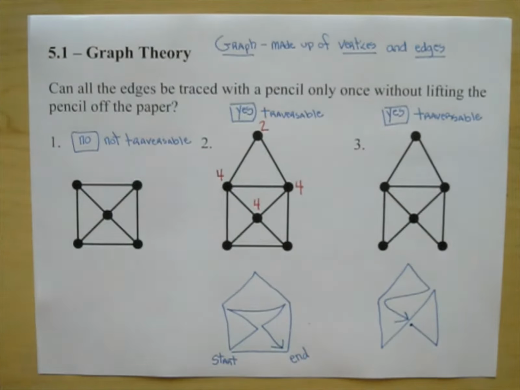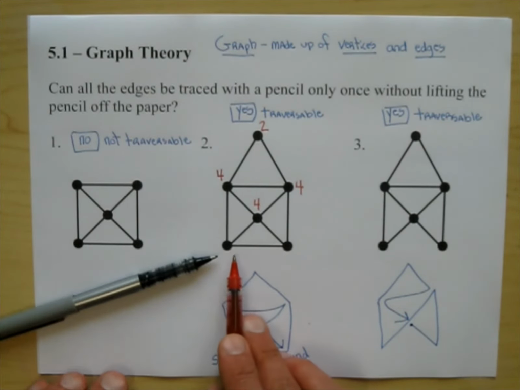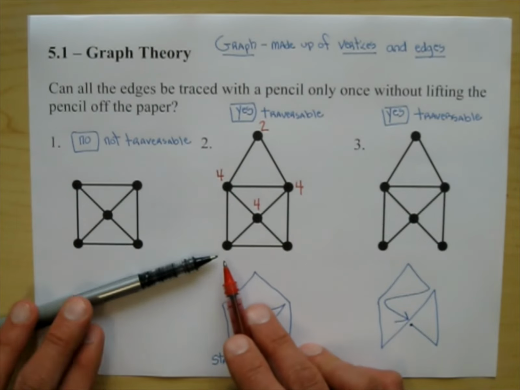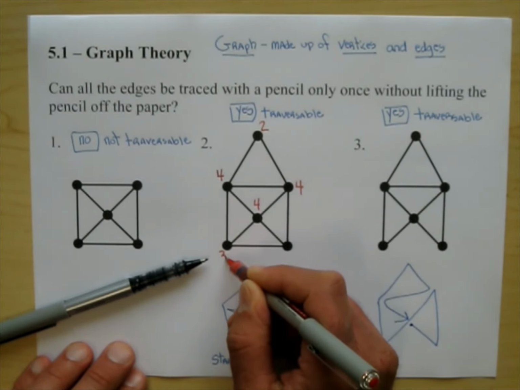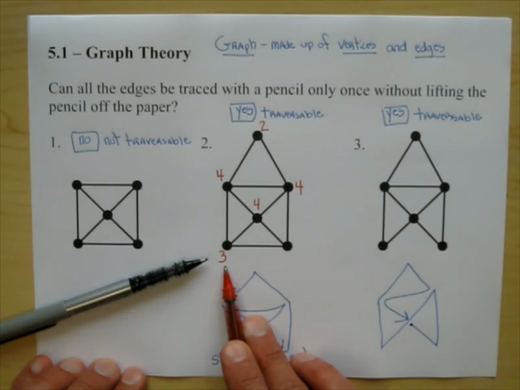Now, let's look at the place where you started. Look at the number of edges coming out. 1, 2, 3. So there are 3 edges coming out. And that's different. That's not an even number, is it? Now, why is this an odd number?